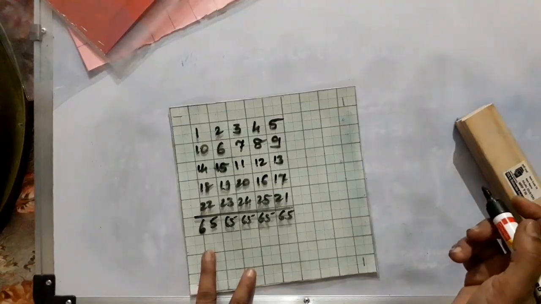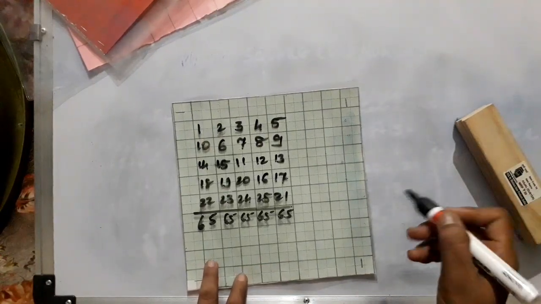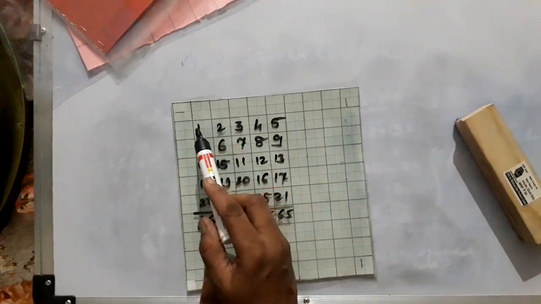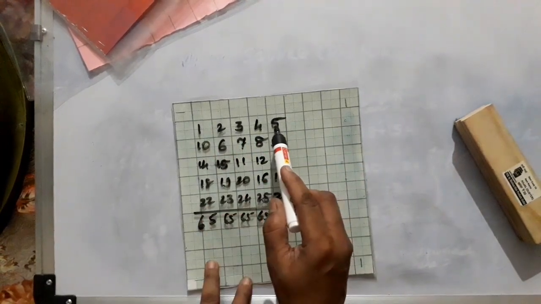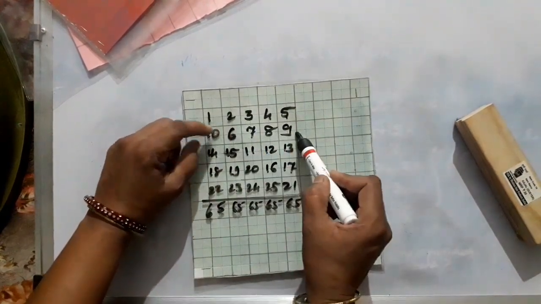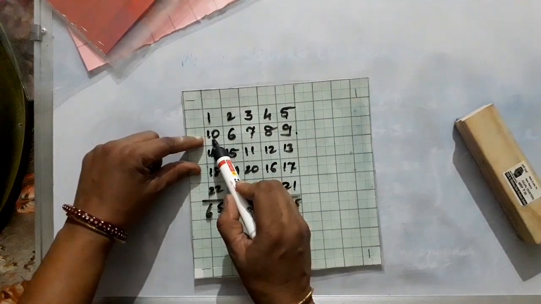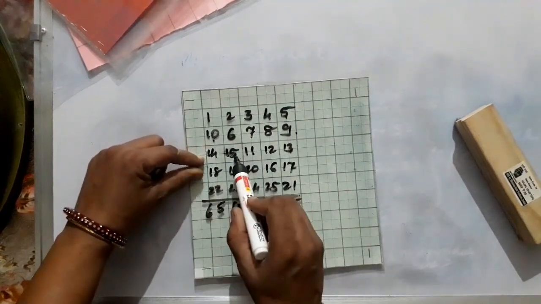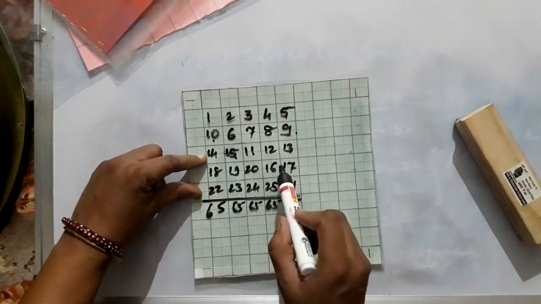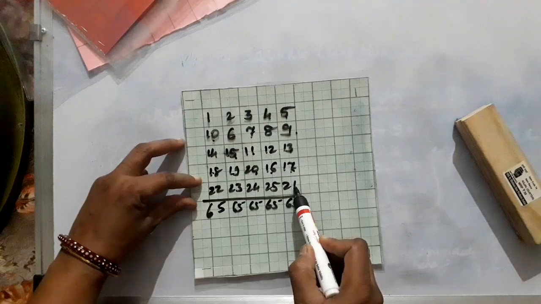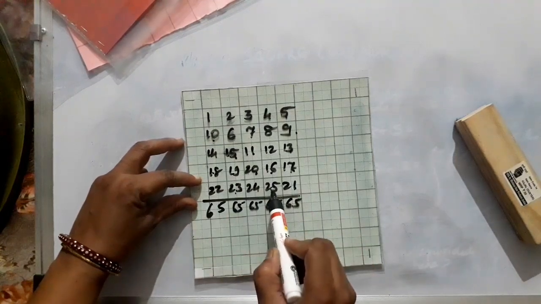An easy solution to this question may be like this. Arrange the numbers, say 1, 2, 3, 4, 5, write it in one row, then 6, 7, 8, 9 and 10, write it in the next part. Then after that start 11, 12, 13, 14 and 15. Start with 16, 17, 18, 19, 20. 21 is here, 22, 23, 24, 25.